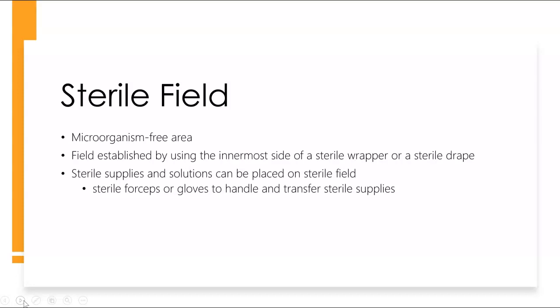The outside of that kit is not sterile, but once you open up your sterile field, the inside of that is sterile. So that would be your sterile field. It'll make more sense when you're actually doing this in person. And usually in class, I bring a Foley catheter kit so you can kind of see what I'm talking about. It's hard to explain just in words.